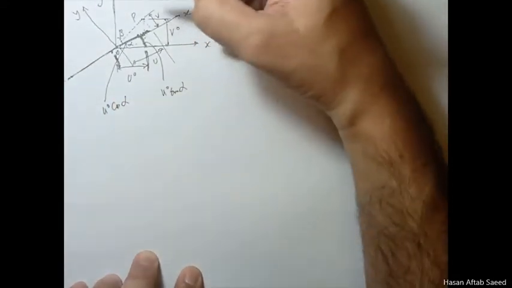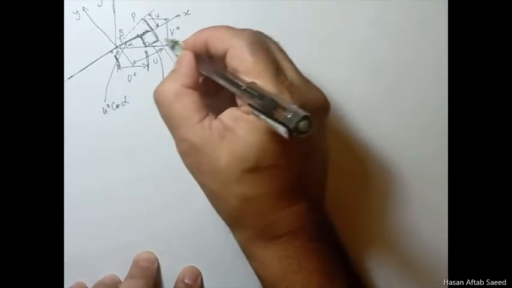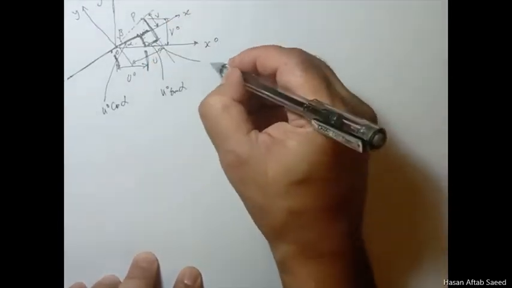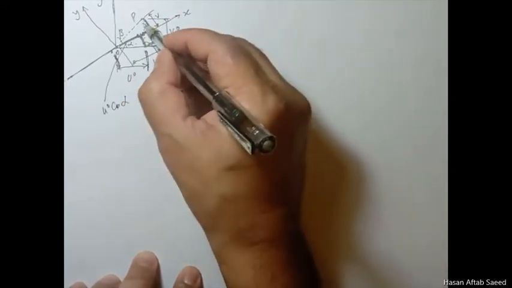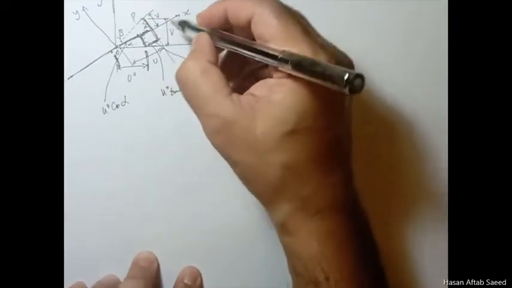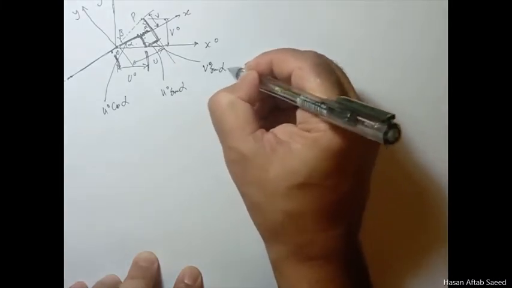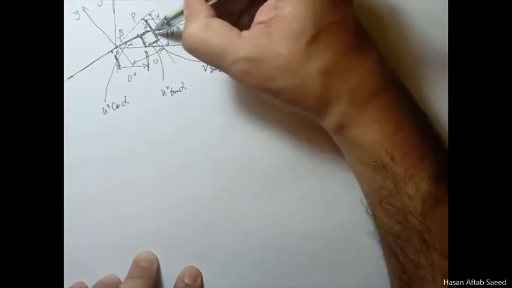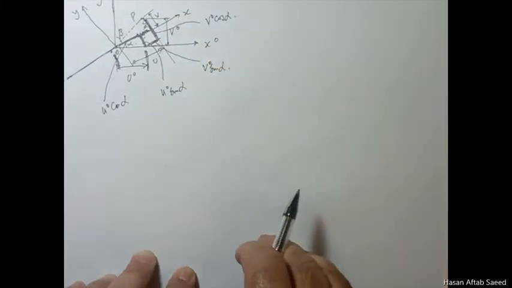This is u naught sin alpha, this is u naught cos alpha. Similarly, this one in bold: because if this is alpha, then this is also alpha. So this one is v naught sin alpha, and this one here is v naught cos alpha.